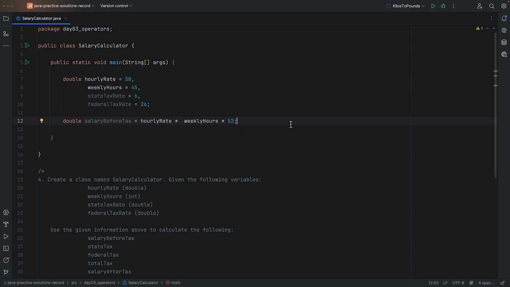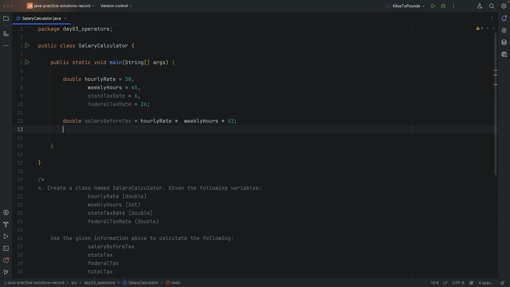All right. Next up, let's go ahead and calculate basically my state tax and federal tax, like how much it's going to take. So I'll make a double variable. We'll start with the state tax. And in order to figure out the state tax, I'm basically going to take my salary, whatever I have. So that's my salary before any taxes. And then I'm going to multiply it by the tax rate.